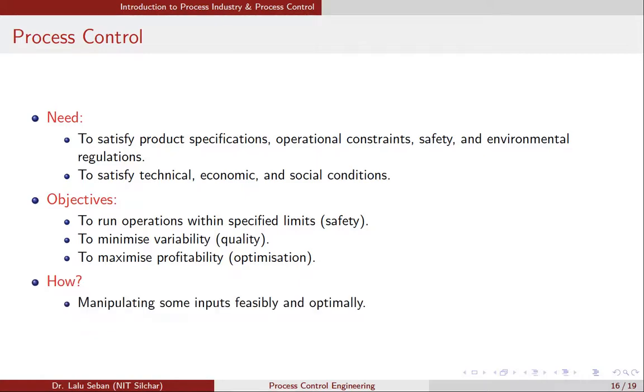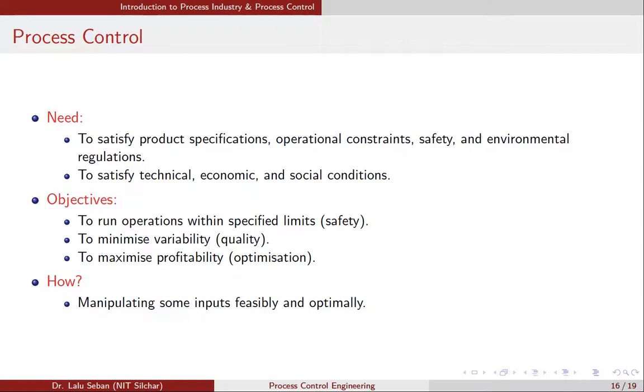How do we achieve these objectives? By manipulating some process unit inputs in a feasible and optimal way. Sometimes we may not be in a position to change the input to a process unit, so we have to look for inputs that can be manipulated.